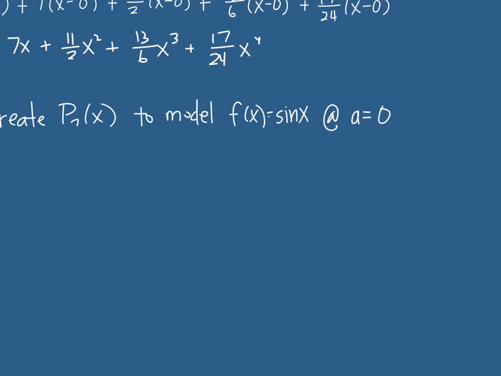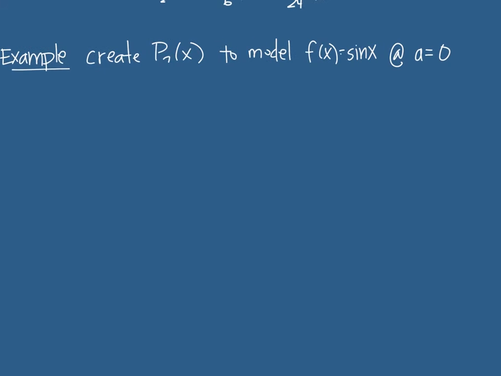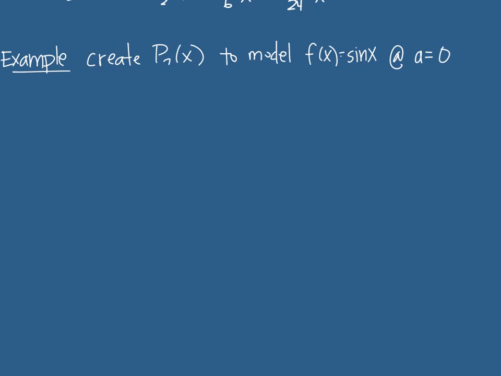Yes, we love 0. I'm creating a polynomial that's going to look like sine for a while. But it's going to all match up with sine. And it's going to be a 7th order, so it's going to be something to the 7th.